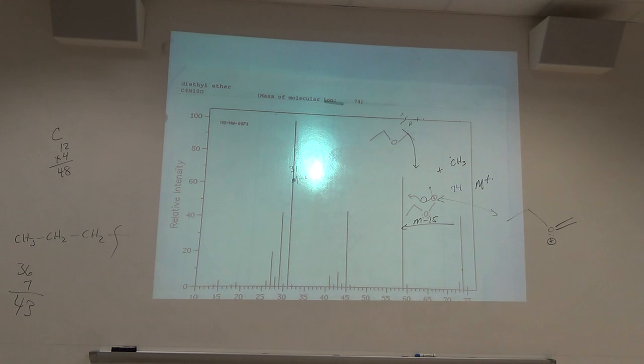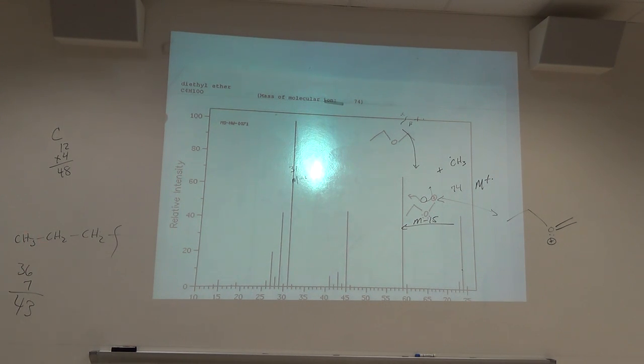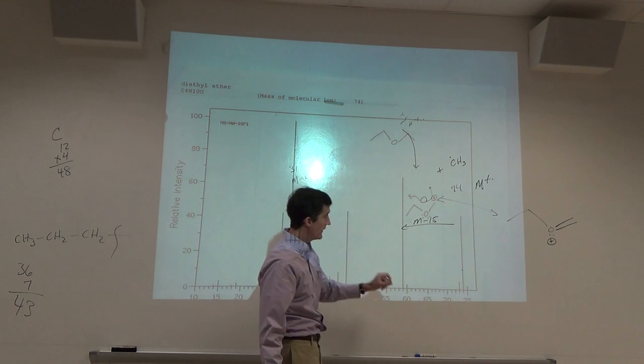Yes, there's a very slim chance, because 1% of the carbons in your body are carbon-13s. 1% of the carbons in the air, in carbon dioxide, are carbon-13s. There's a chance that one of these carbons may be C13. Then we would have 12 times 3 is 36. Then we would have a 13, and that would be 49. You would get one more than 48. If you added it all up, you would get one more than 74.